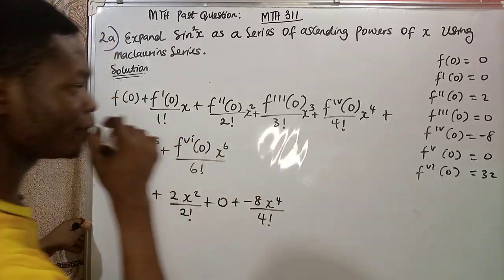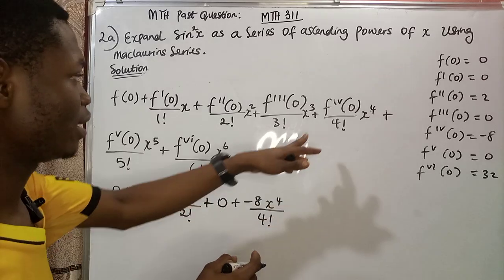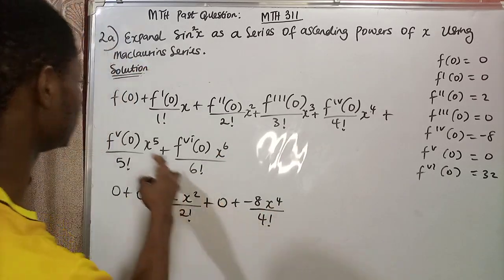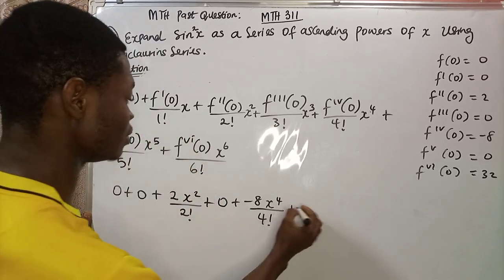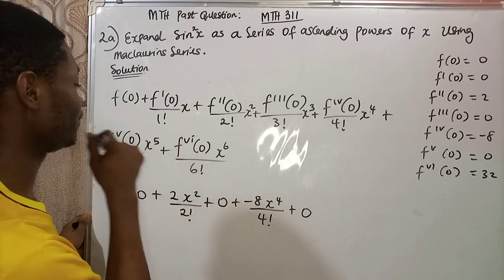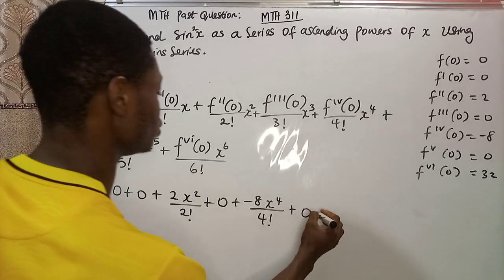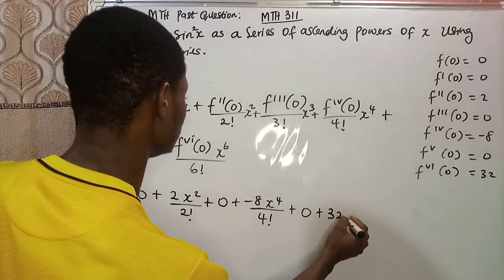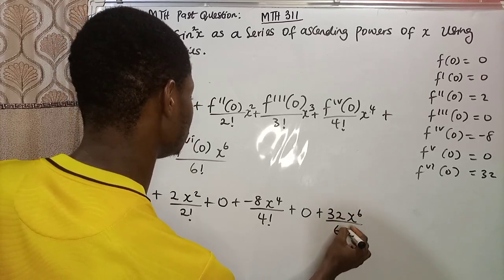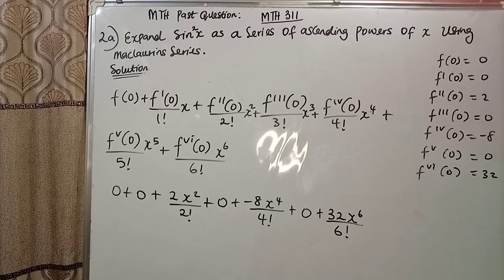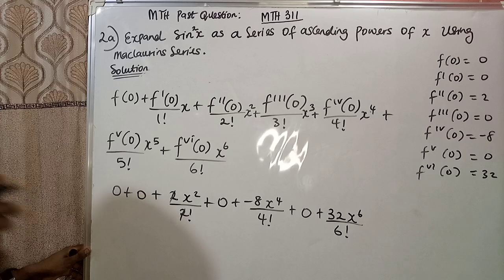So we have f v. F v is what? 0. So everything is 0. Then f vi is 32. So we have plus 32x to the power of 6 all over 6 factorial. So this one we cancel. 2 factorial is 2 times 1, which is 2.